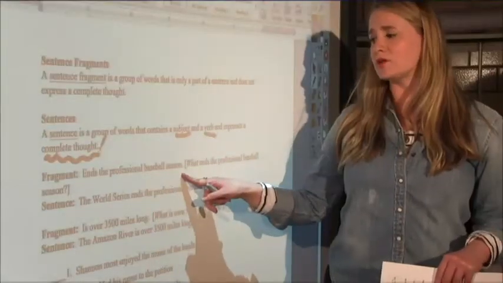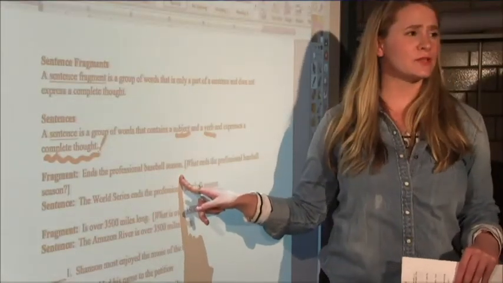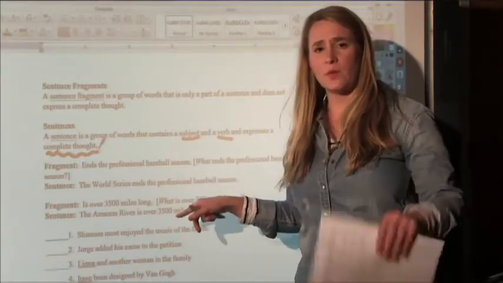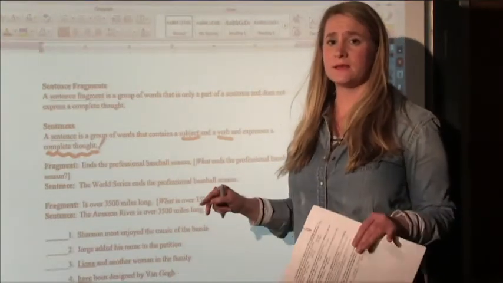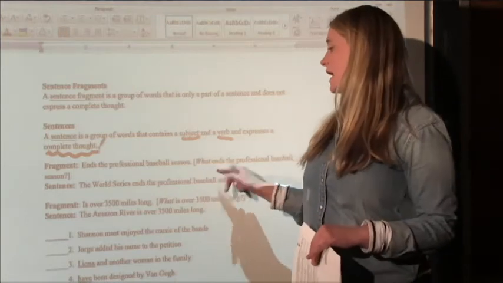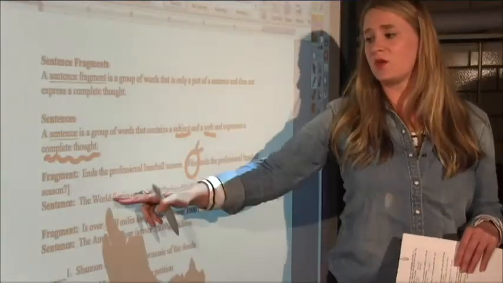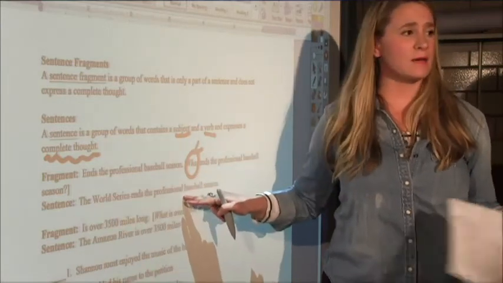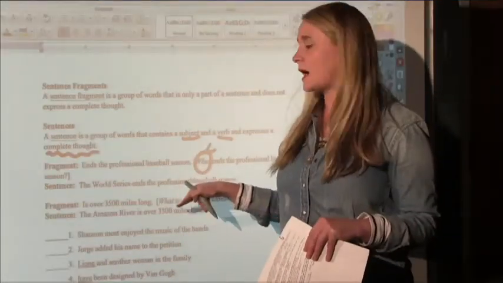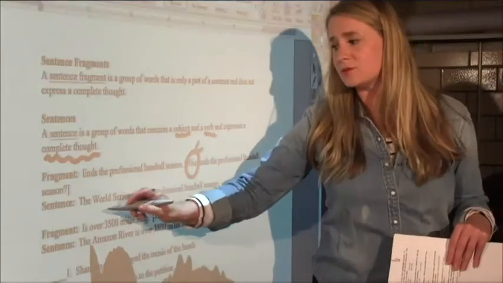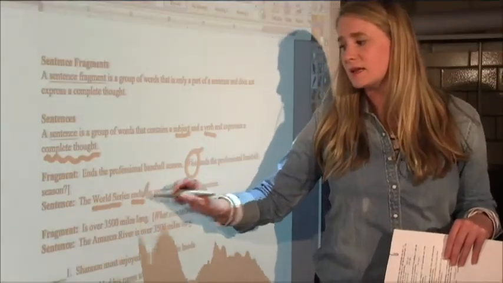This first fragment just says, ends the professional baseball season. So if someone walked in the room and just said, ends the professional baseball season, you might ask, what? What ends the professional baseball season? You can make it a complete sentence by giving it a subject, okay? The World Series is the subject, and ends is the verb.